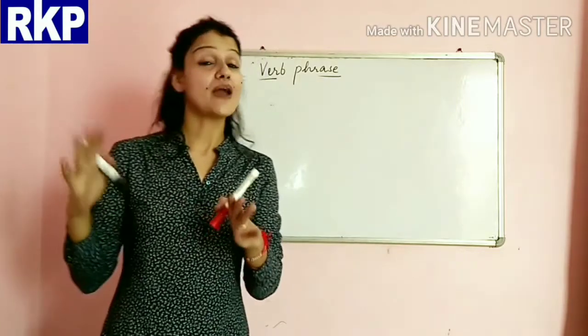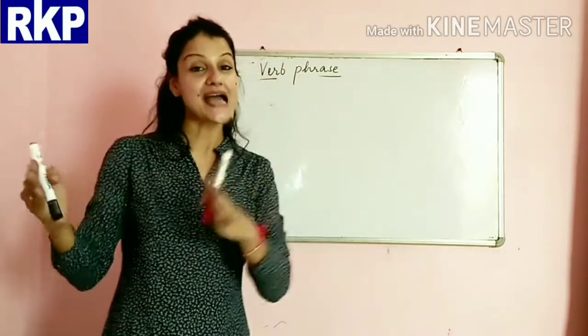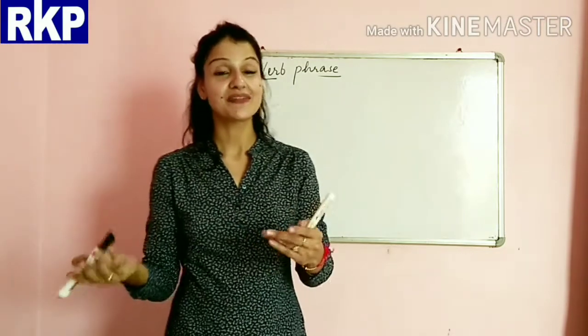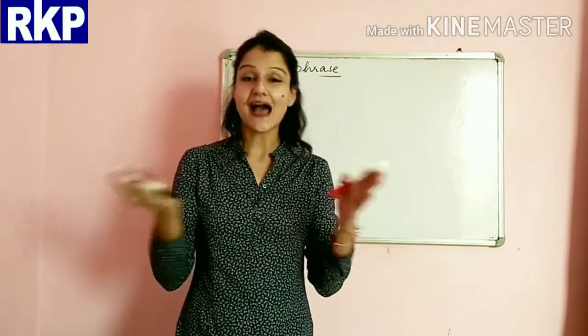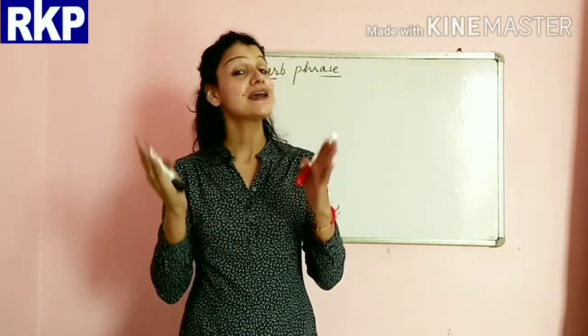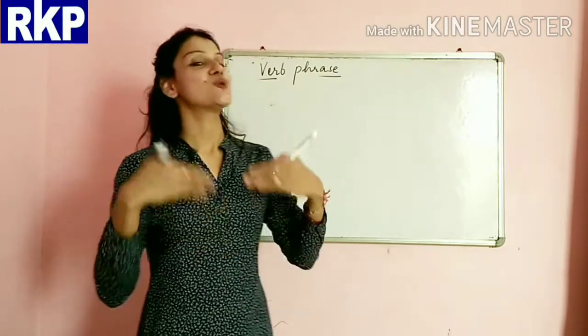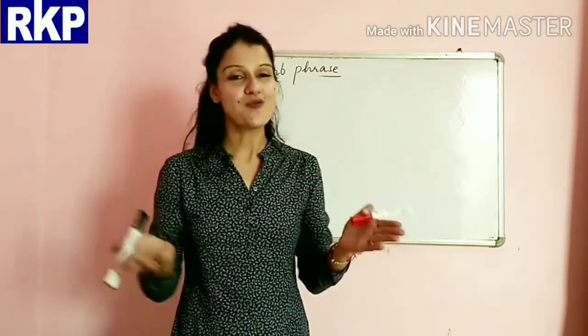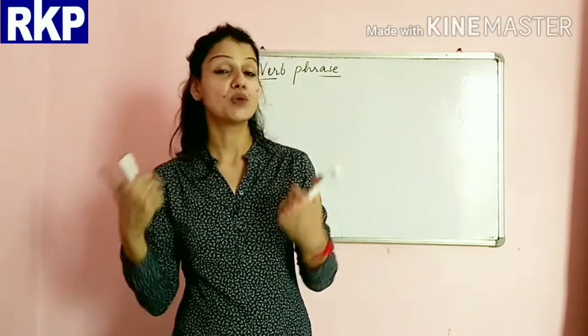Then adverb phrase, a group of words which act as an adverb. Then adjective phrase, a group of words that act as an adjective. Now if we talk about verb phrase, again it's a group of words which act as a verb.